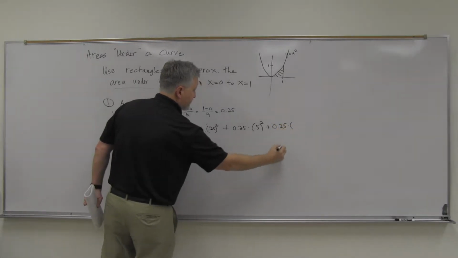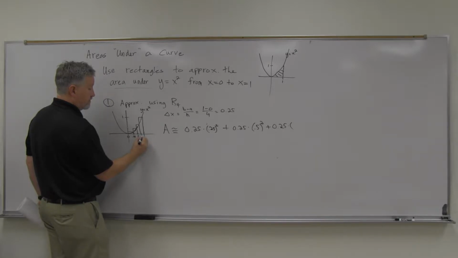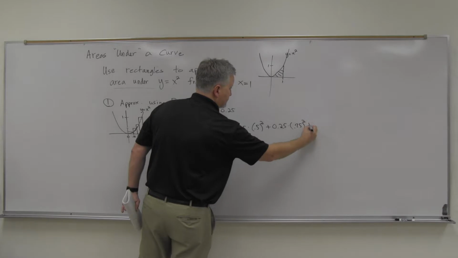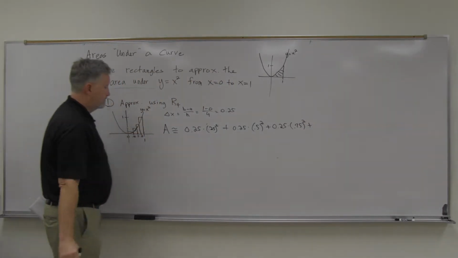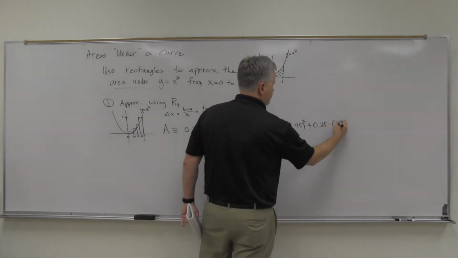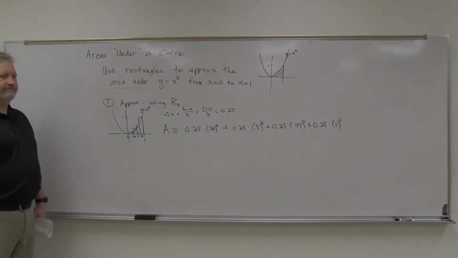The next one would be 0.25. The next x value to be added would be 0.75, so it'd be 0.75 squared, the height on that one. And then the last one would be 0.25 times 1 squared, which is 1. Okay?